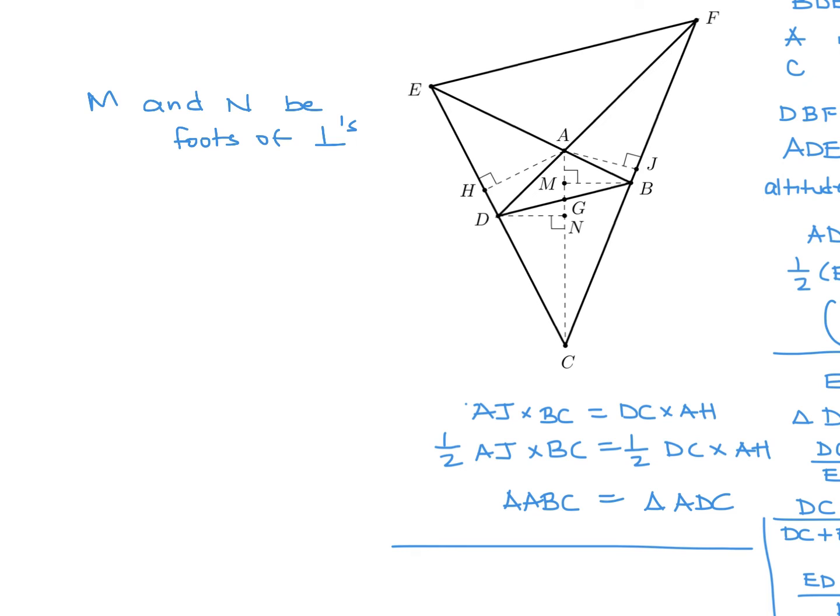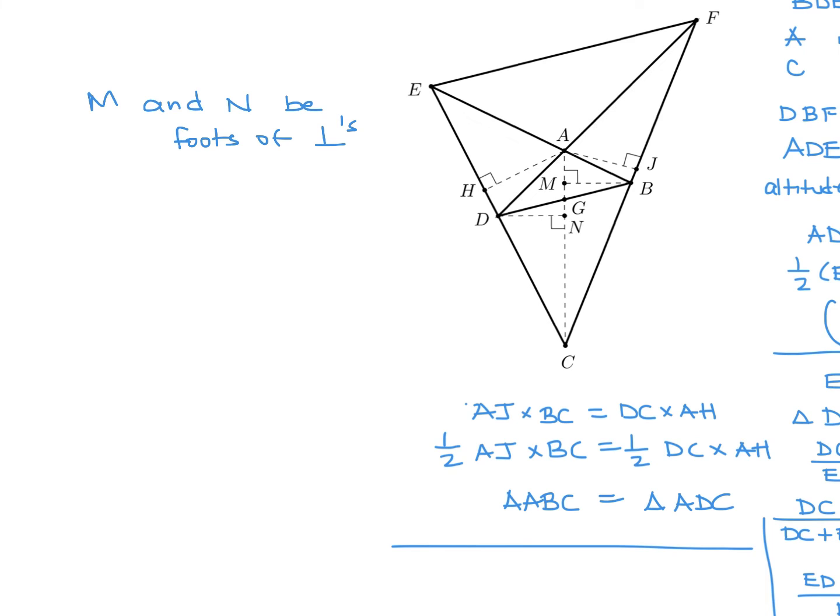So we have a perpendicular drawn from B to this line AC, and its foot is M. And then we have a perpendicular drawn from D to that same line AC, and its foot is N. So the diagram explains it.